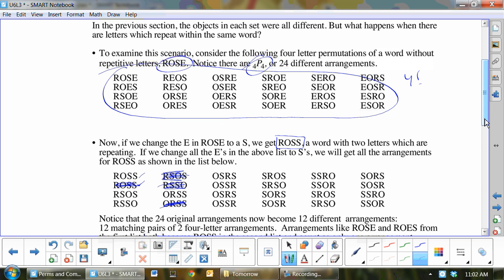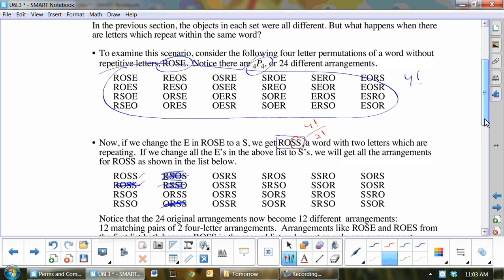So the way you deal with duplicates is, how many duplicates are there? This is a duplicate, right? So what you do is you take the number, if there was no repeats, and divide it by the number of repeats.